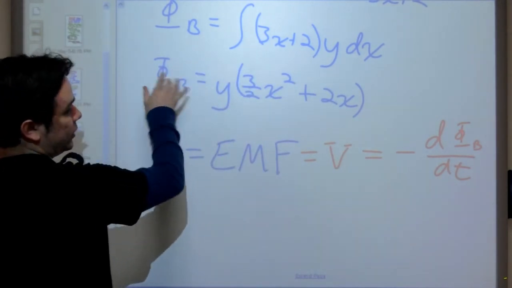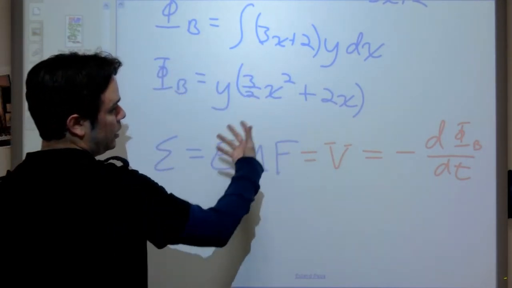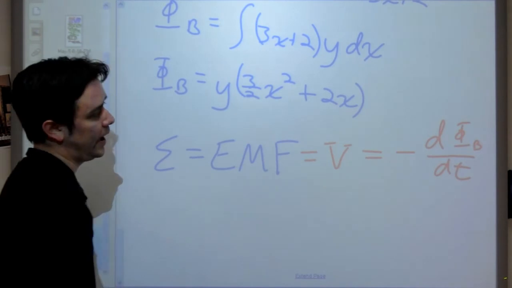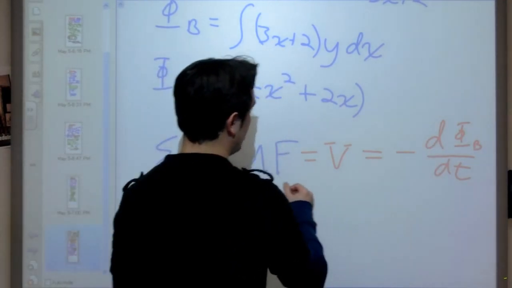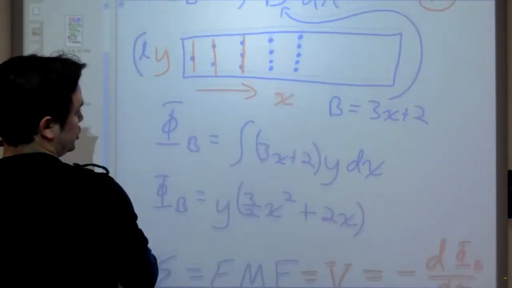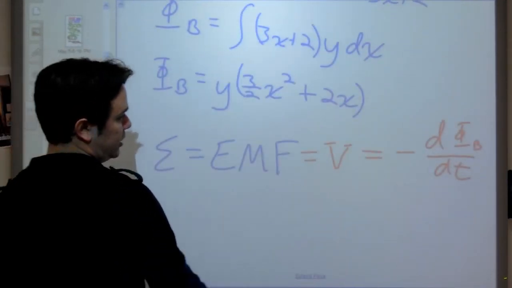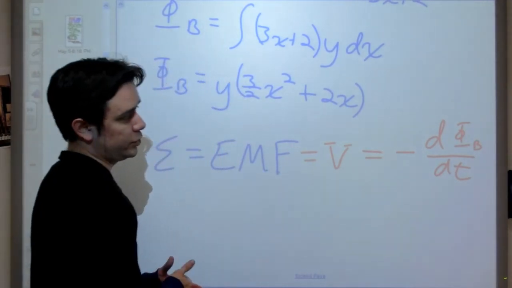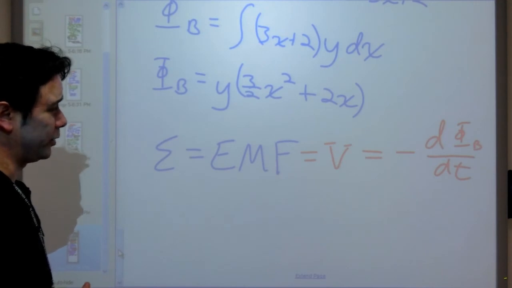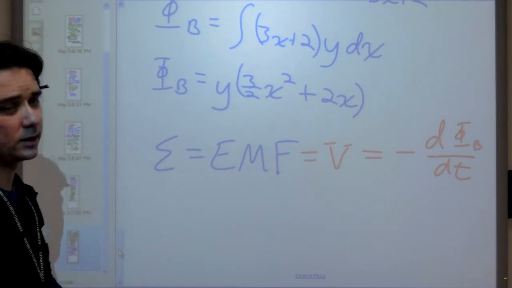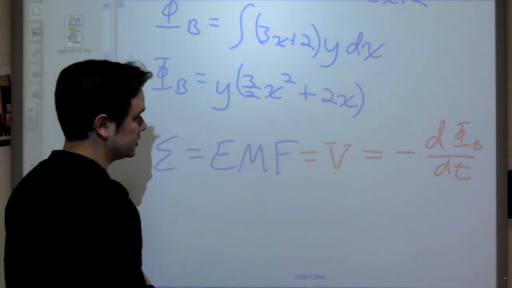Or now we could take this and we could take the time derivative of it, although with this particular example I have no time dependence on it, so that would end up being 0. I would need something where this guy is changing with respect to time. But we could do the same thing with this. We could have a magnetic field that changes as a function of time.